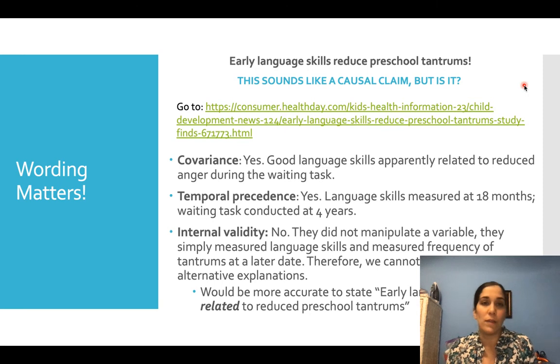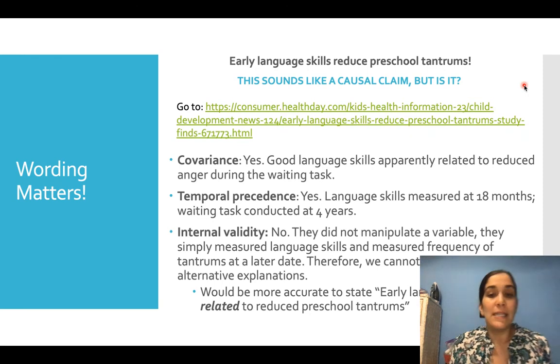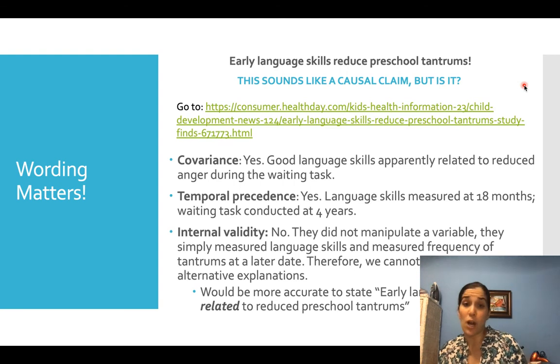What about internal validity? So did they make sure that the only thing that's different between the groups was the thing that they're manipulating? And if you read this article write-up, the answer is no. They didn't actually manipulate a variable at all. All they did was measure language skills, and then they measured frequency of tantrums.